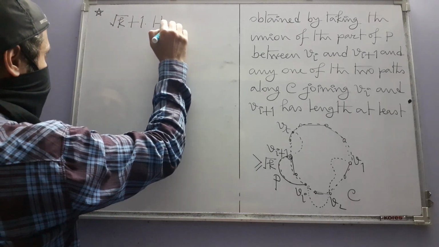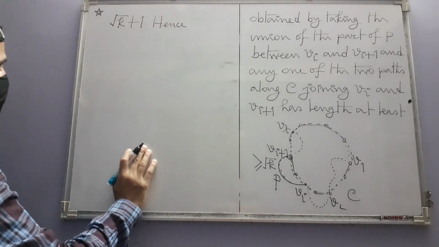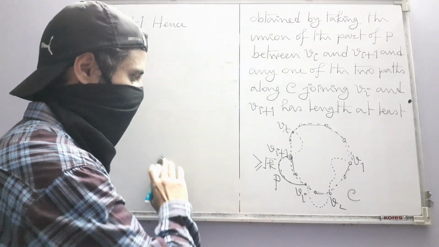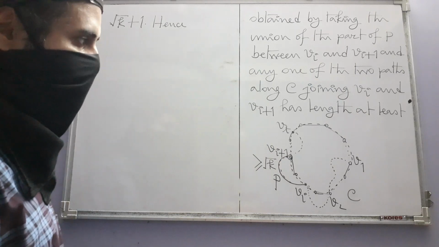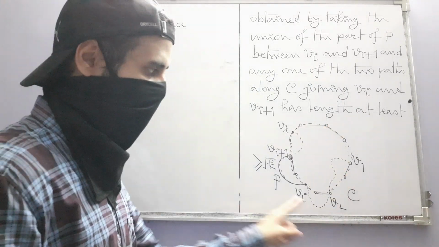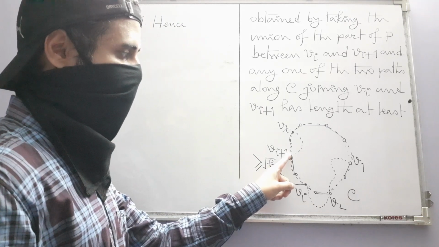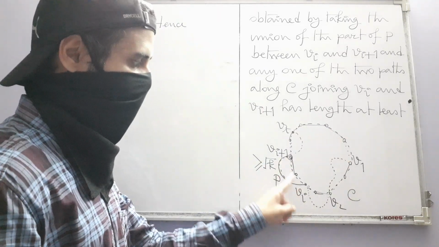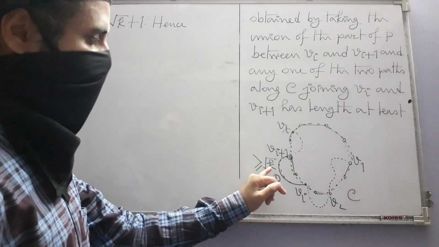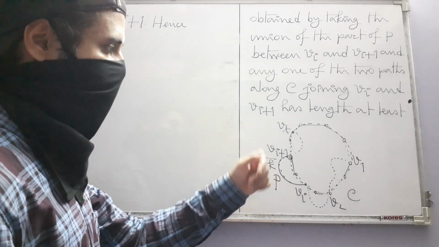Hence, and this 1, of course, if you want to write in words the justification, the 1 appears because of that other part, whether it be this path or this path. That path has length at least 1, so that's why at least square root of k plus at least 1.